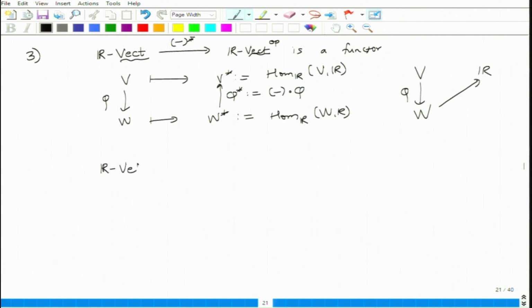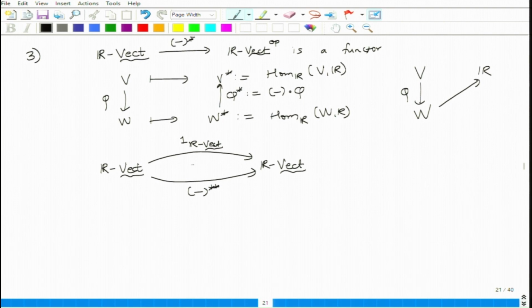So R vect and R vect again, and this is my functor which is double dual, and over here I am simply going to write the identity functor on the category.